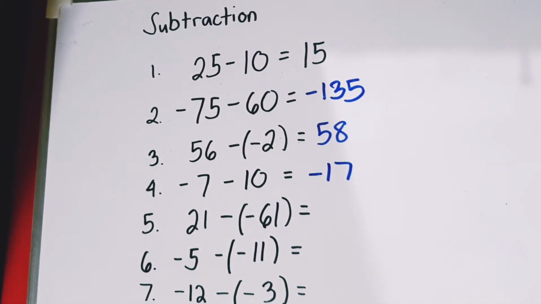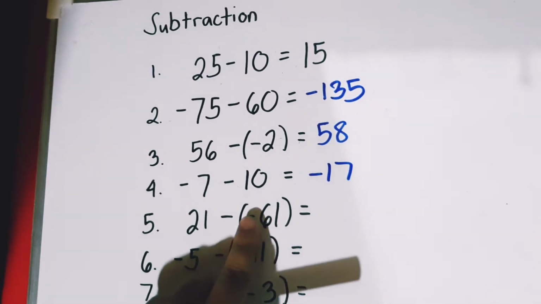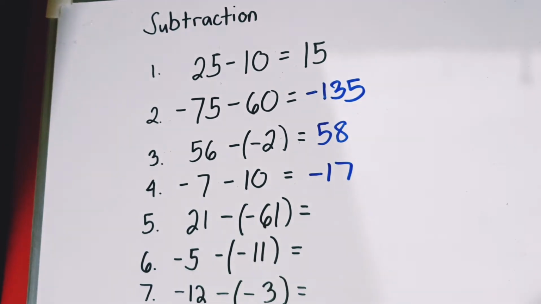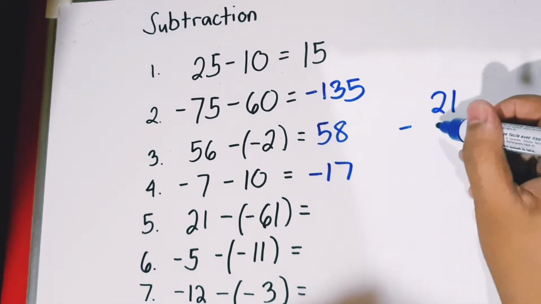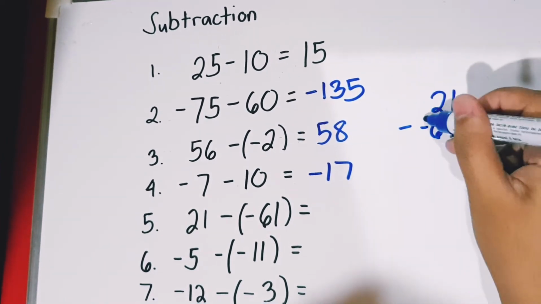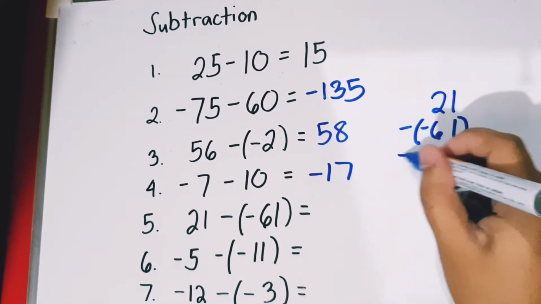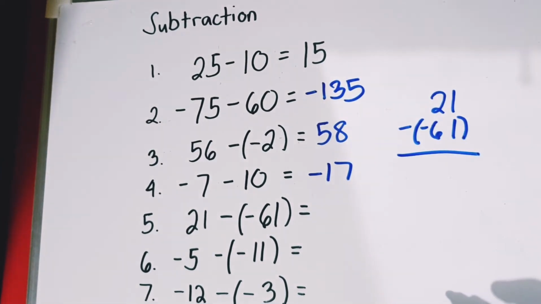So in case number 5, as we can see, the first one now is the smaller number in regards to the sign. So 21 is smaller than 61. As we can see, it's still the same as number 3 if the first number is smaller than the second one. So 21 minus negative 61, just put a parenthesis so that you will not be confused.